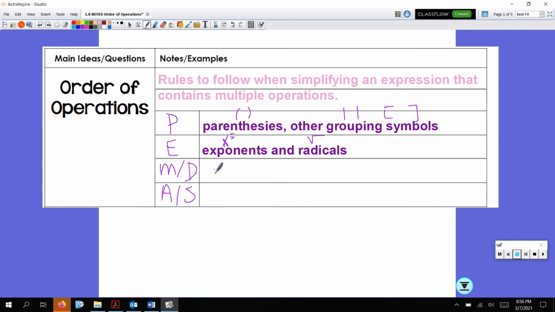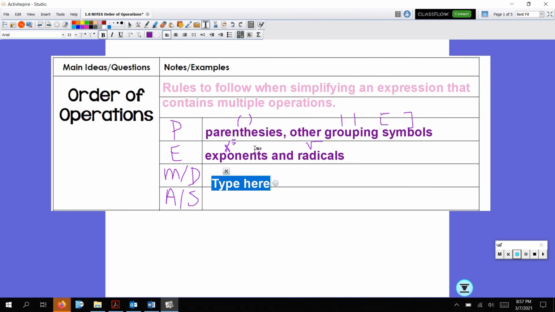Multiplication and division, that's what M and D stand for. That is always going to go left to right, whoever comes first. They're equal in order. Okay? So multiplication and division, left to right.